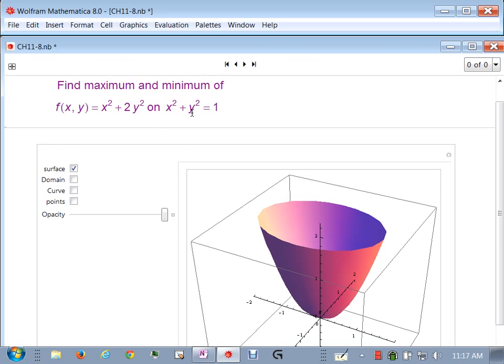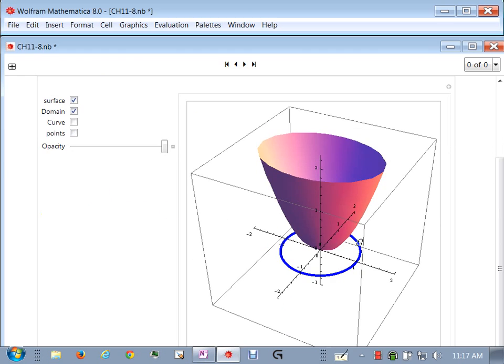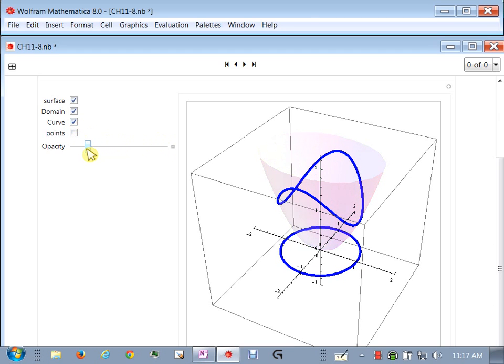It's actually a cylinder in 3 dimensions, but on the ground it's just that ring down there. If I take just that ring and map just that ring up into the surface, I get that curve. Very similar to the problem that I showed where I was trying to convince you what was happening. We're trying to find where those highest and lowest points occur. The Lagrange method should let us get those.